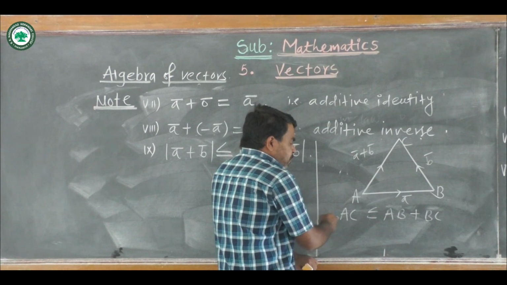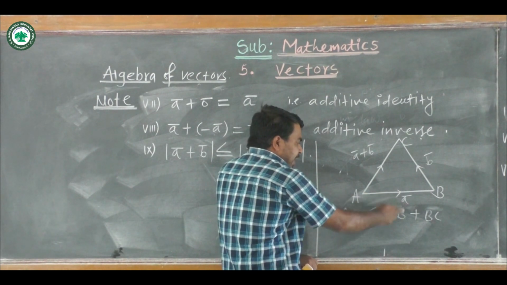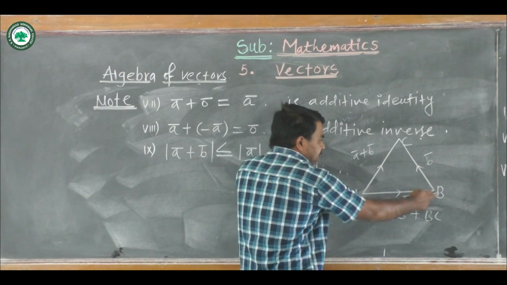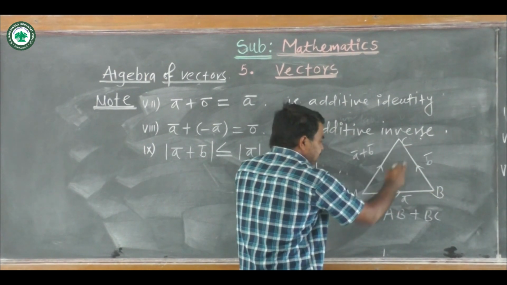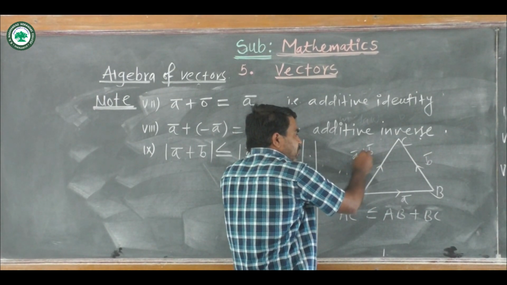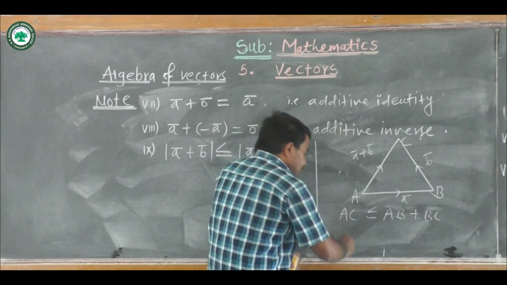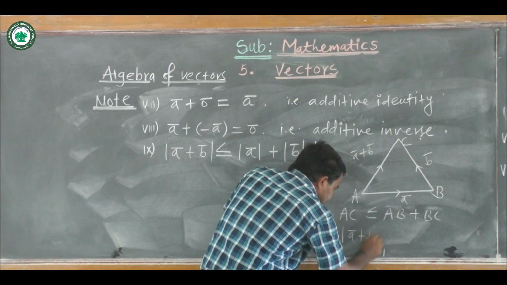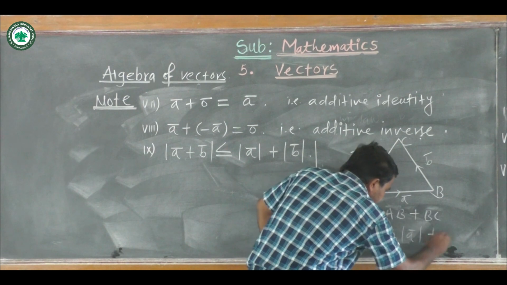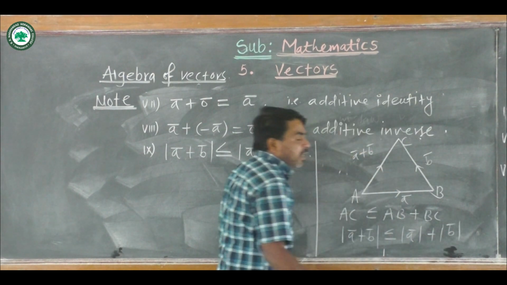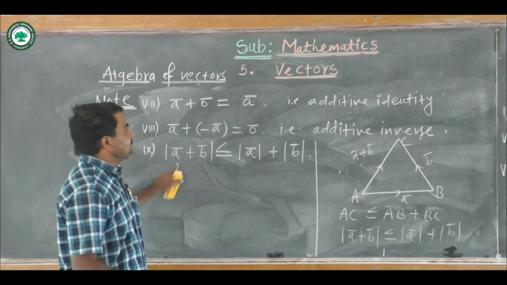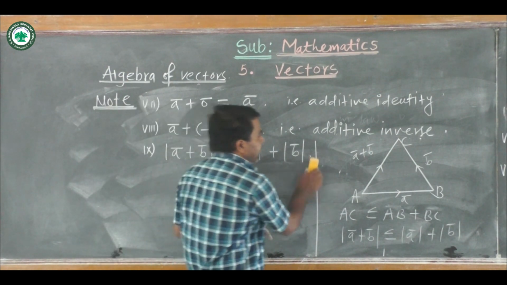Now see, the magnitude of vector A is the length of segment AB, the magnitude of vector B is the length of segment BC, and the length of AC is the magnitude of vector A plus B. Therefore the magnitude of vector A plus vector B is always less than or equal to the magnitude of vector A plus the magnitude of vector B. So this is triangle inequality.